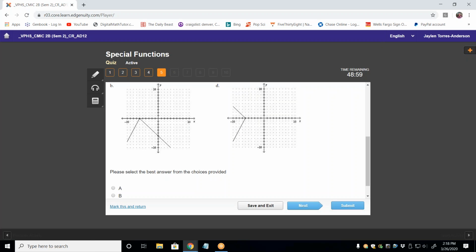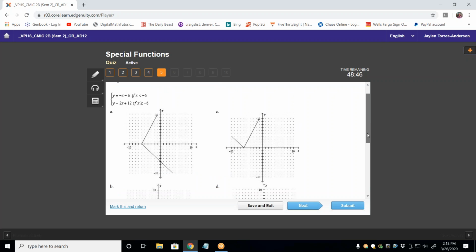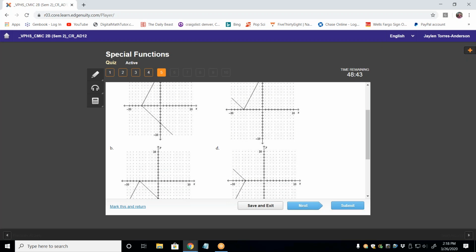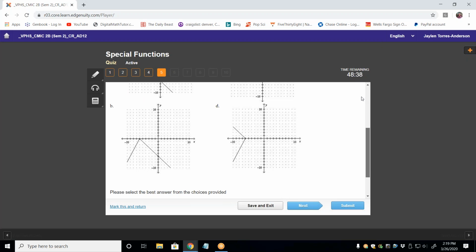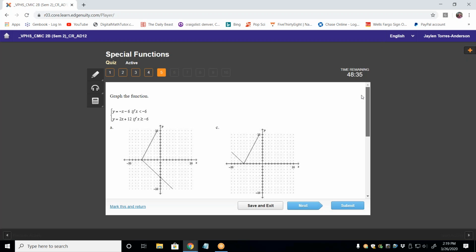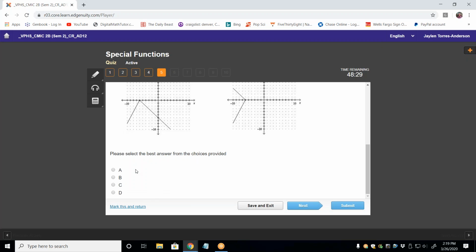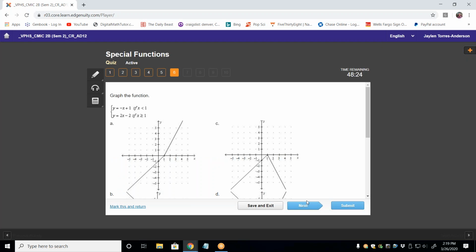That's also not a function. D is not a function. Notice that it has to pass the vertical line test to be a function. No, it doesn't. If I dropped a vertical line through D, it would cross 2 different points. You can't have that. So the answer is either C or B. And we did this problem already, so let's not go through it again. Let's just answer C. Yeah, it was definitely C.